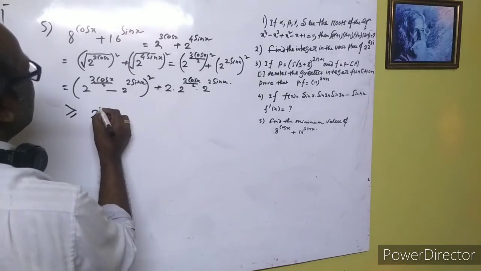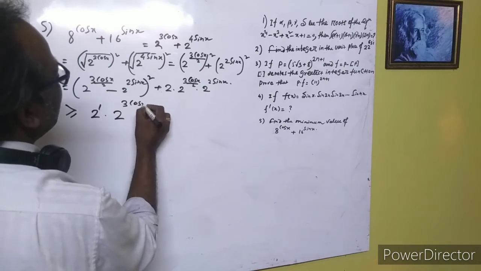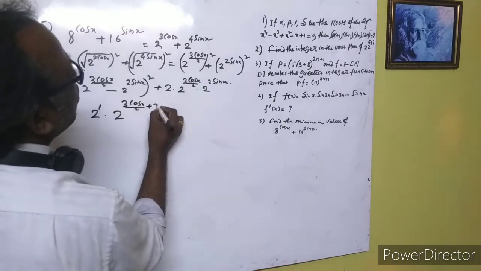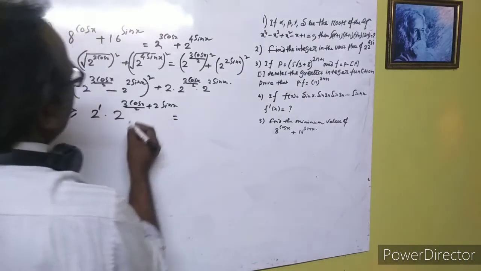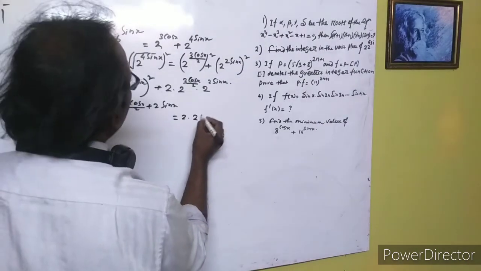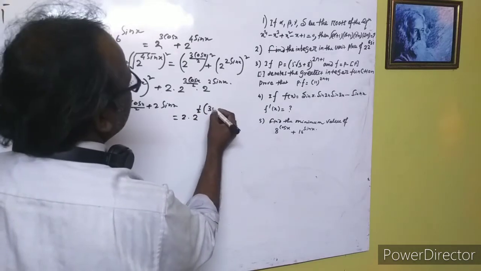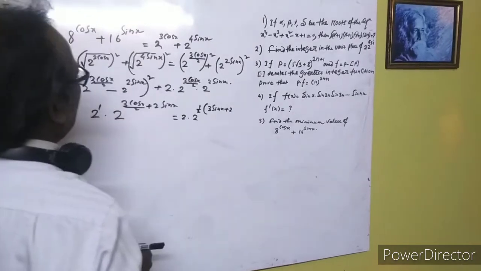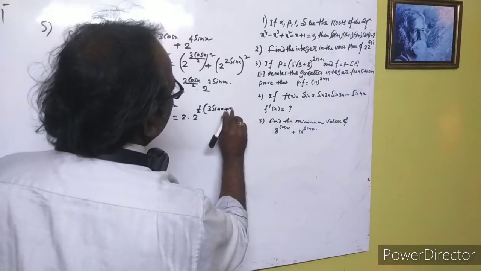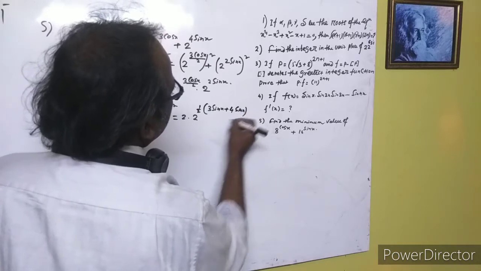So 2 to the power 1 into 2 to the power 3 cos x by 2 plus 2 sin x. Taking half common, we get 2 to the power half into 3 cos x plus 4 sin x.